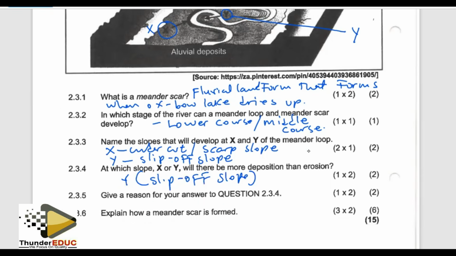Then give a reason for your answer. I would say there is low velocity, the slope is shallow.